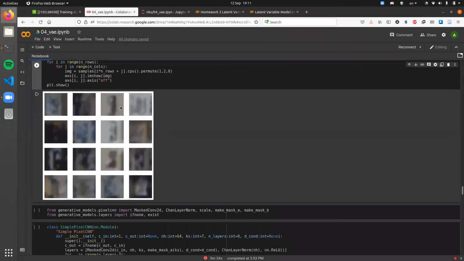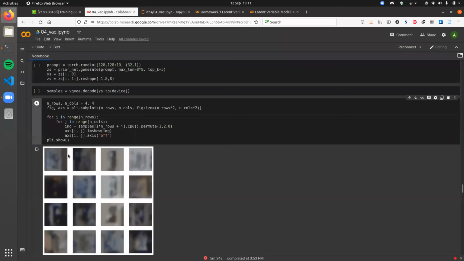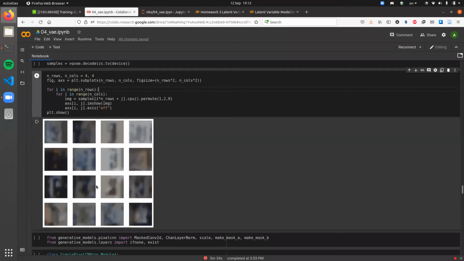So here it was again the transformer model, and before it was very smooth images, and you can see that I'm starting to get some kind of numbers here, but it's still not good enough to produce really nice samples.